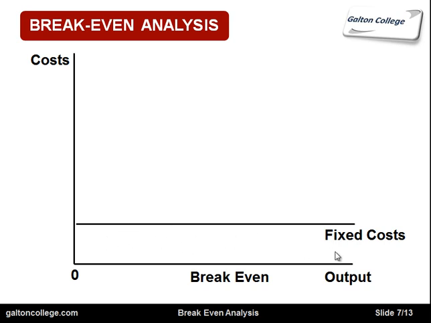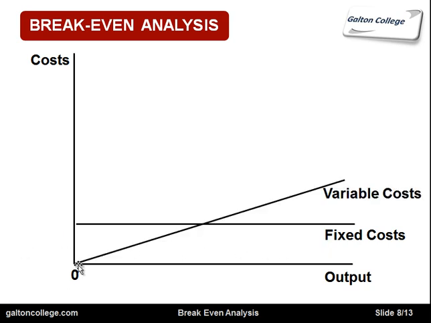So it's a constant. It's parallel to the horizontal axis. The variable cost rises as output rises. So the variable cost increases as the output increases. The total cost is just the variable cost plus the fixed cost. So if you add fixed and variable, you'll get total.